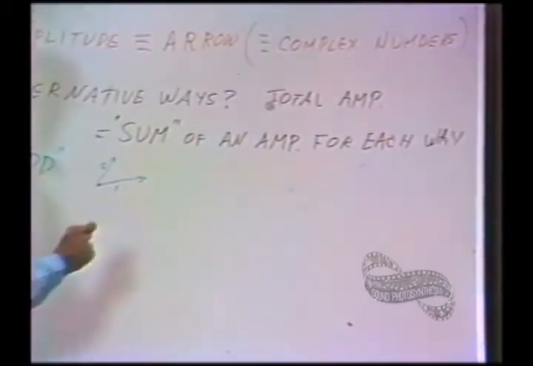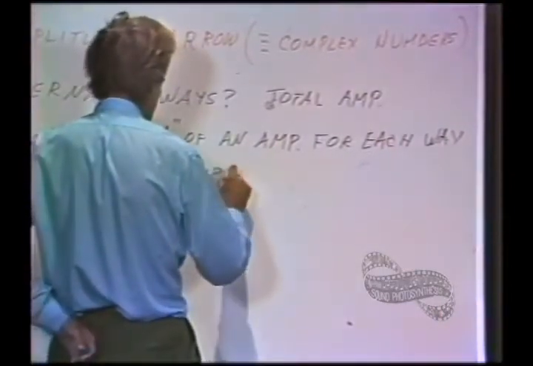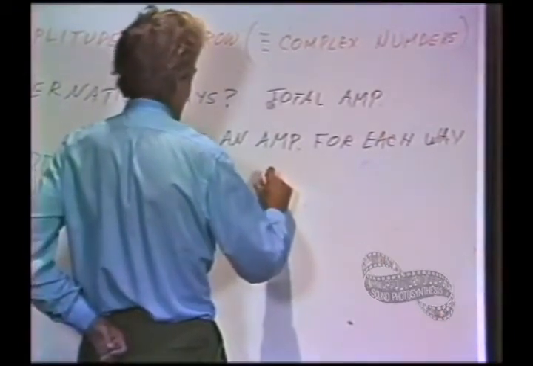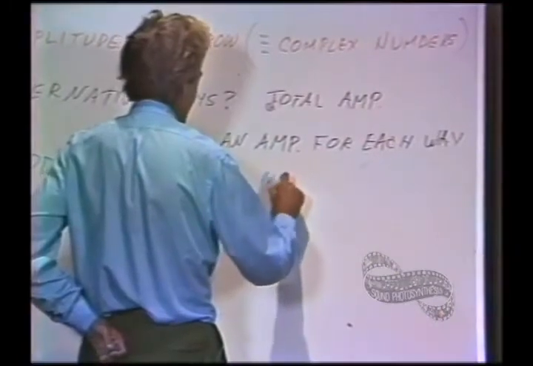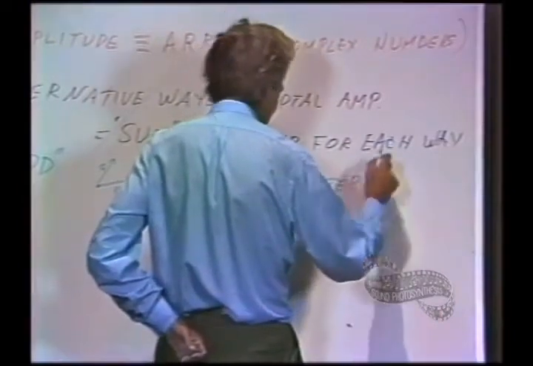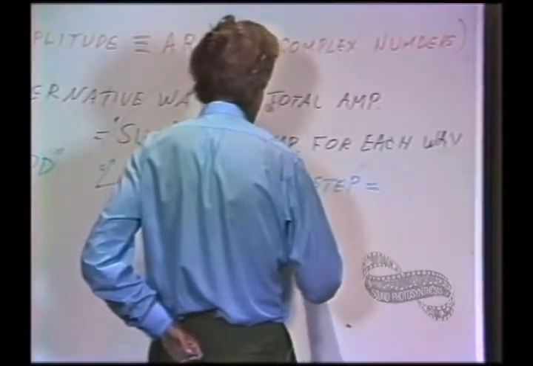Think of them as steps. Amplitudes are like steps, and the sum is the total walk, so to speak, made by the steps in succession. Net step equals the sum of the steps in succession. That's a way of speaking: the result of all the steps in succession.